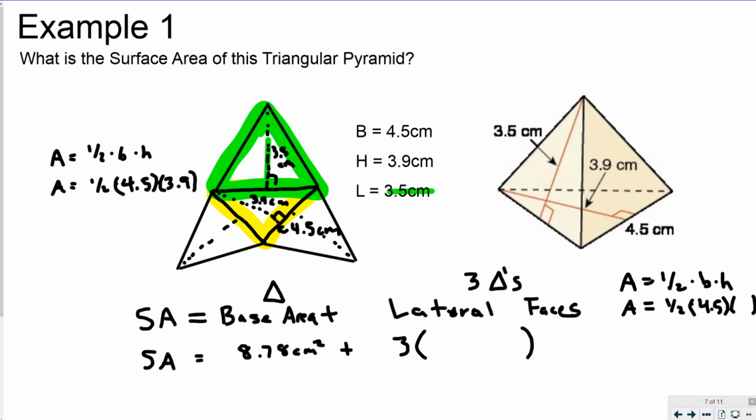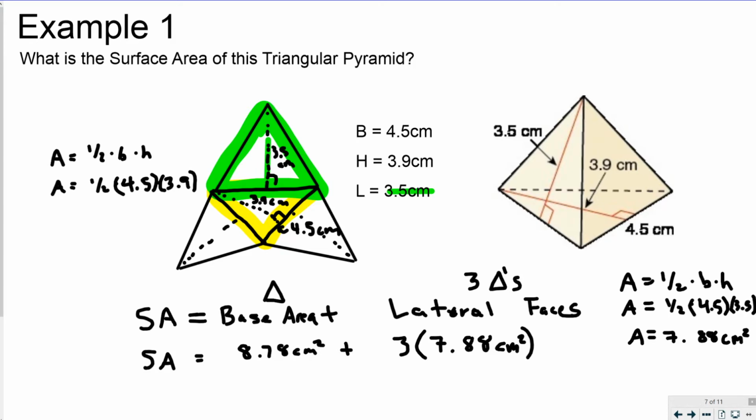So I'm going to substitute 3.5 into my equation instead of 3.9. So 0.5 times 4.5 times 3.5, and we get the area of one of these is equal to 7.88 centimeters squared when we round it. I'm going to multiply 7.88 times 3.